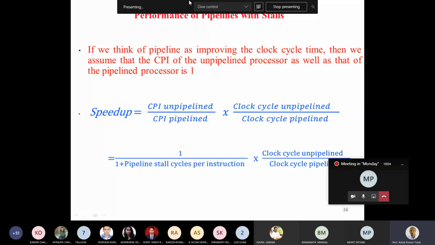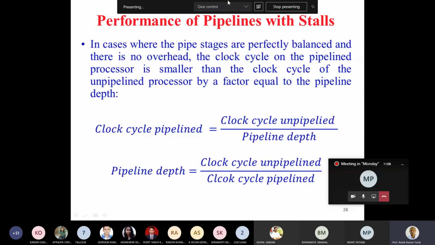What we are trying to reduce is the clock cycle time. Let's look at the relation between the clock cycle time of an unpipelined machine and the clock cycle time of a pipelined machine.